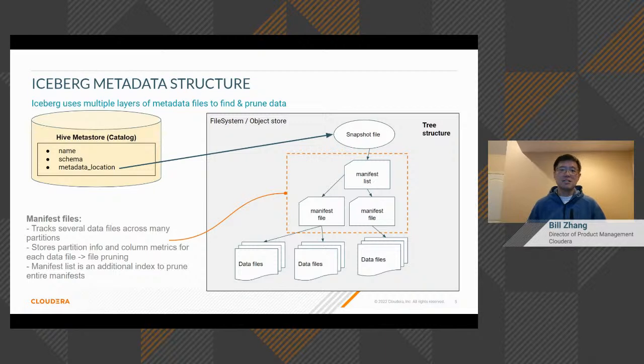Iceberg tracks the complete list of the data files in each snapshot using a persistent tree structure. Every update, either write or delete, produces a new snapshot that reuses as much of the previous snapshot's metadata tree as possible, to avoid high write volumes.